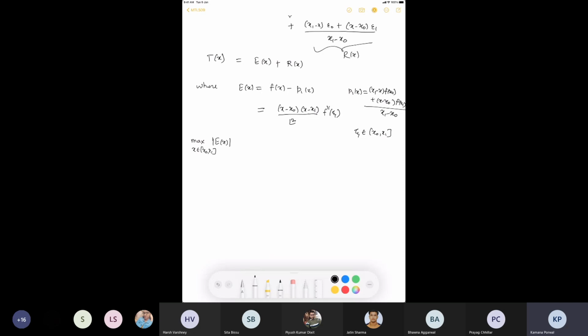So where will the maximum be attained for the absolute value of this function?